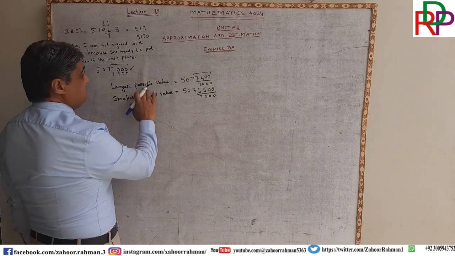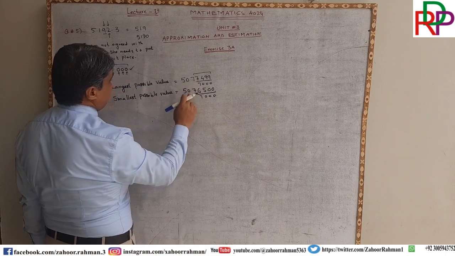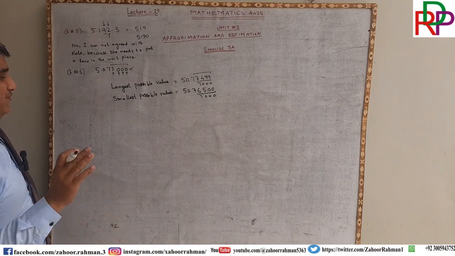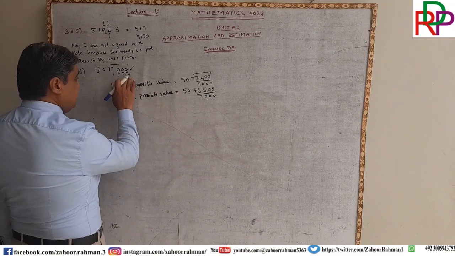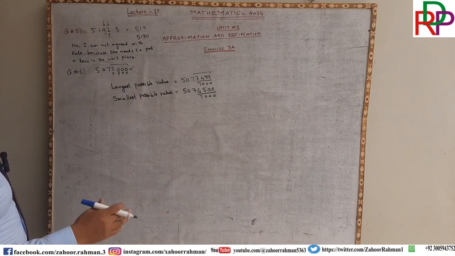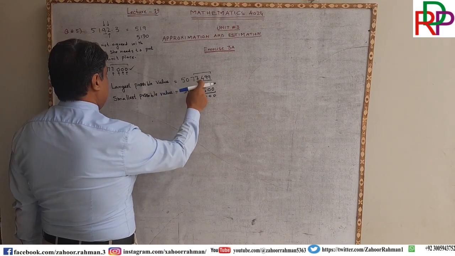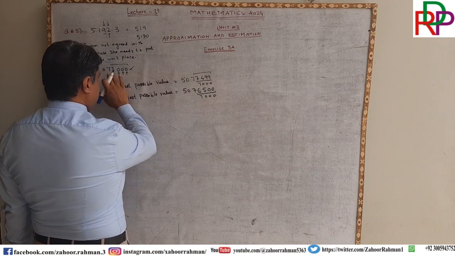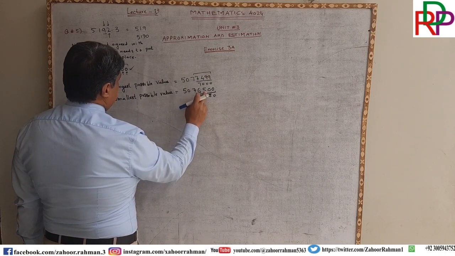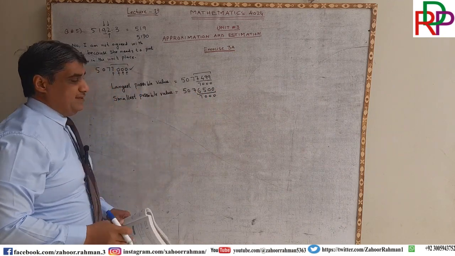So the largest possible value is this one, and the smallest possible value is this. We don't know in advance what the value was, but after rounding we know that this is the value. So what would be the largest possible value? This one. Because if it is rounded, then we will get this. What is the smallest value? 506,500. If this is rounded to the nearest 1000, then we will get this answer.